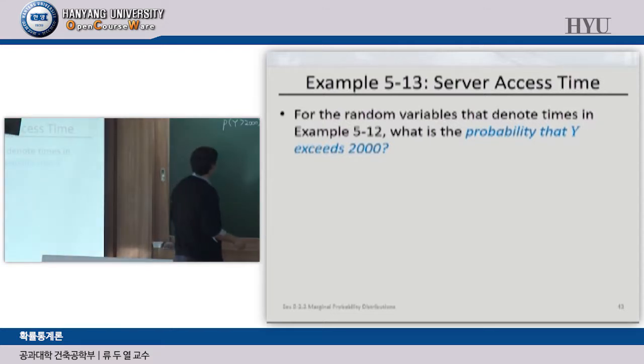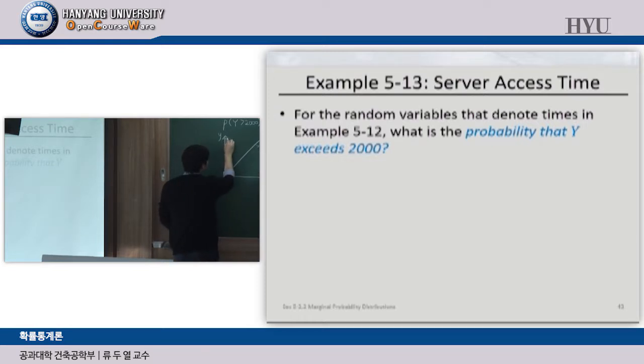But to solve this, in the previous class, we drew this diagram. That is, this is the random variable x, and this is the random variable y. And we can say this is the relationship y is equal to x, okay? And in the previous example 5-12, y should be larger than x, okay? That is the requirement.